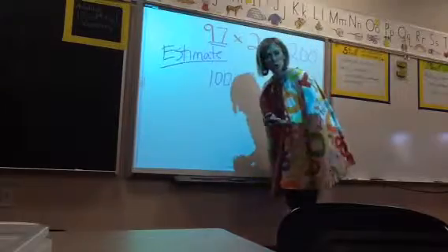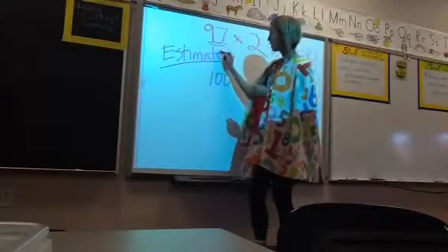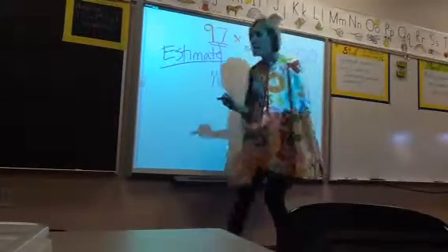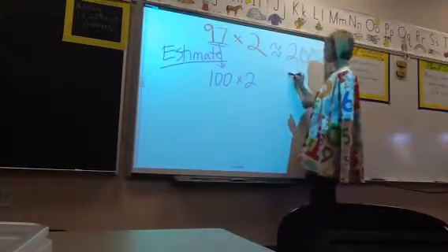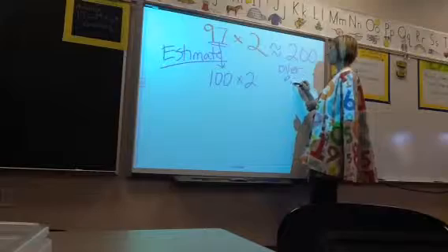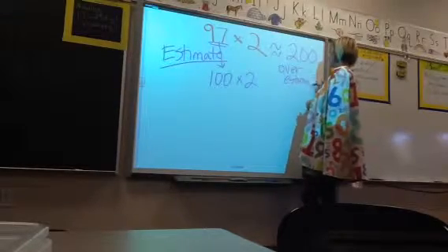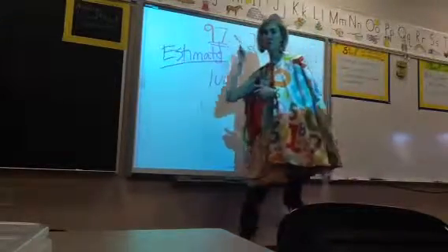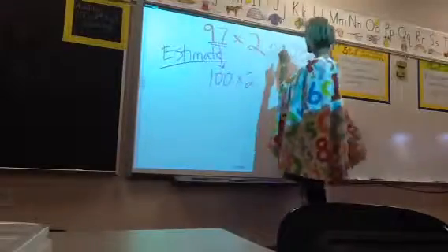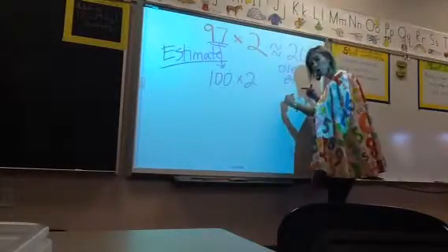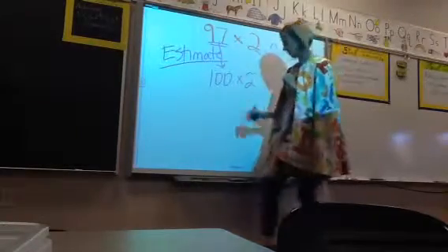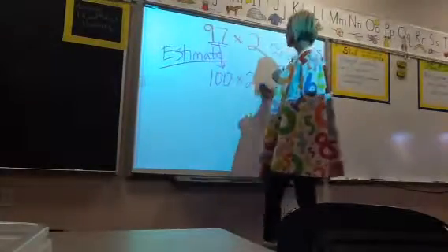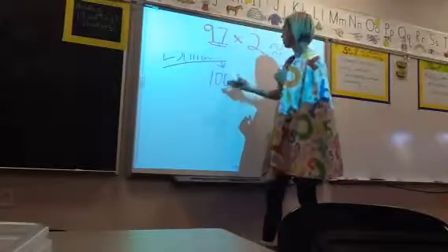And I should also know that because I took the 97 and rounded that up, this answer is called an overestimate. Meaning that when I actually do this multiplication, I should get a number that is under that, but close to it. Okay?